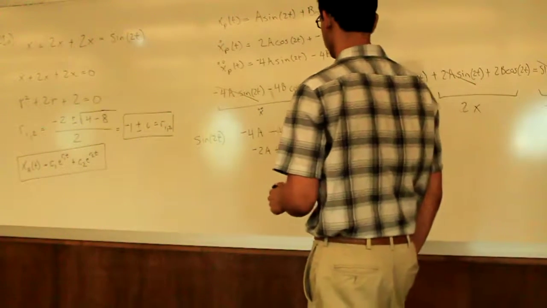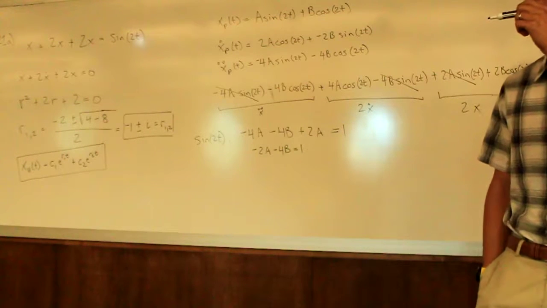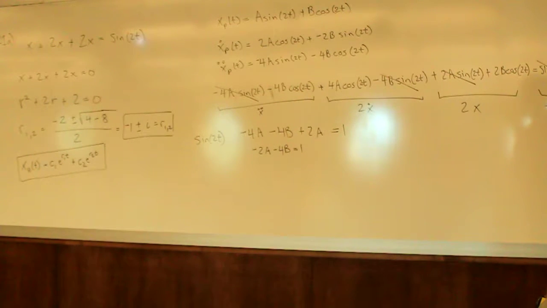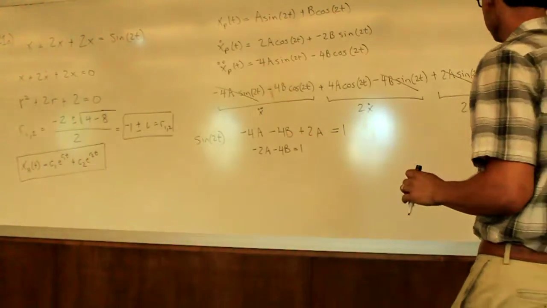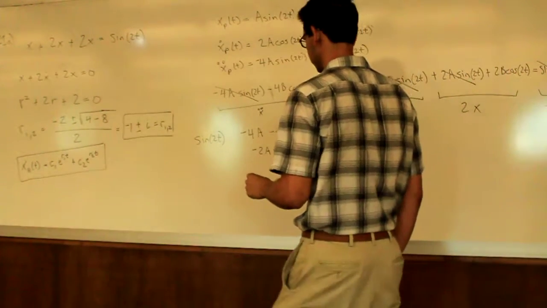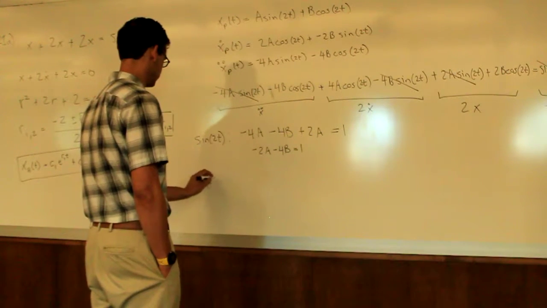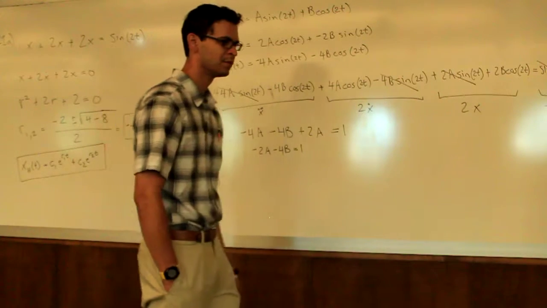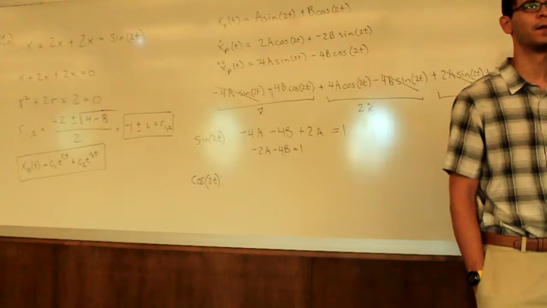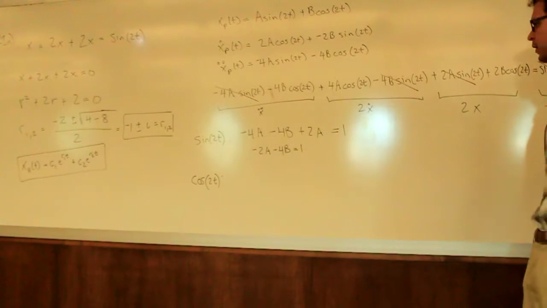So let's go ahead and do the cosine. Let's go slow here. What are my coefficients for cosine 2t?